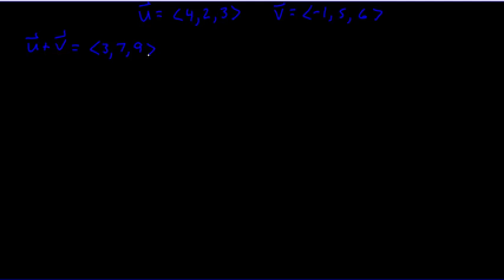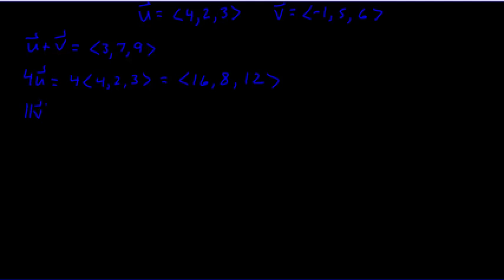Now, we could also do scalar multiplication. So I could say 4 times u. Well, that's going to be 4 times the u vector, and that's going to be 16, 8, and 12. Just multiply it. We could talk about the magnitude.